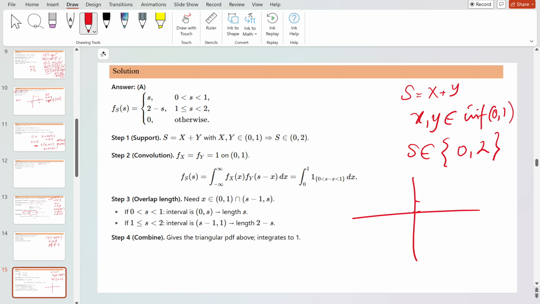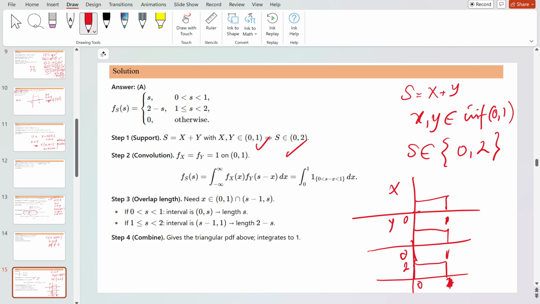So this is like this: 0 to 1 is X, and this is Y between 0 to 1. S is simply X plus Y, increasing in magnitude up to 2, so S belongs to 0 to 2.